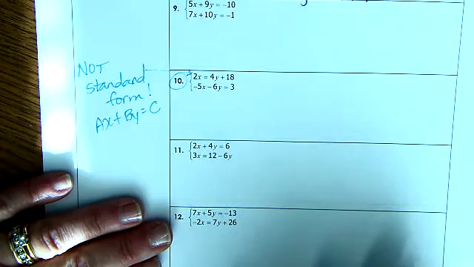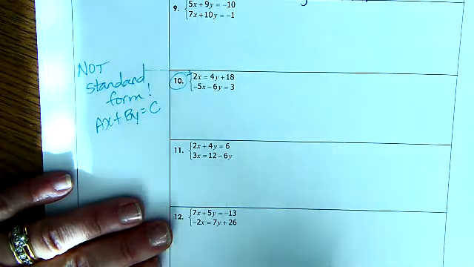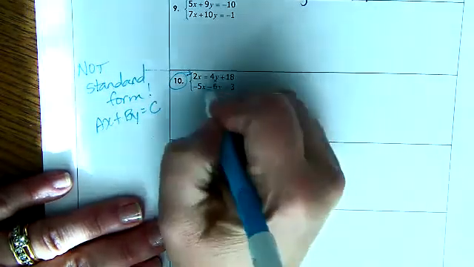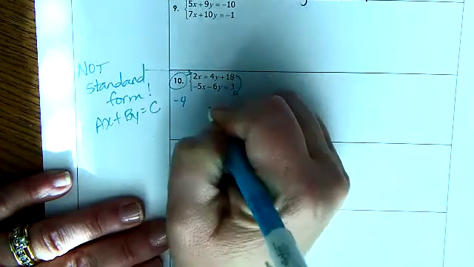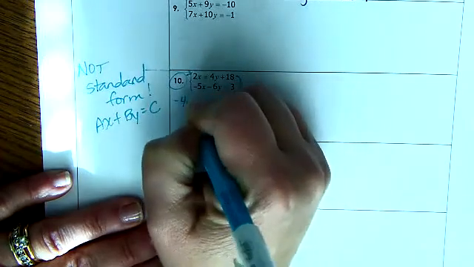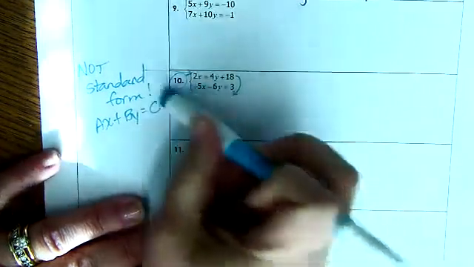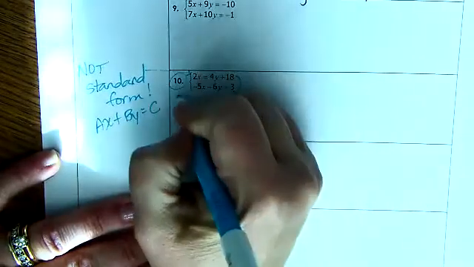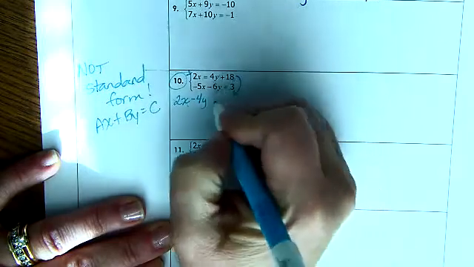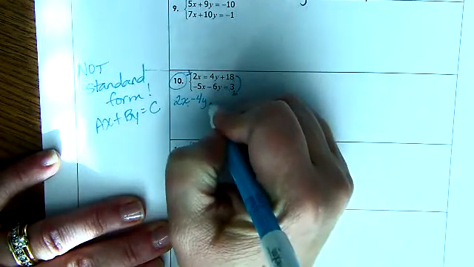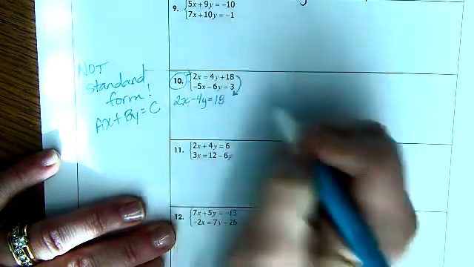So that's going to become -4. Sorry, hold up. You got to write it in the correct order, Kimberly. 2x minus 4y equals 18.